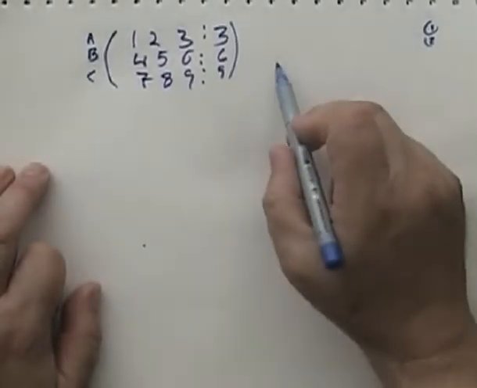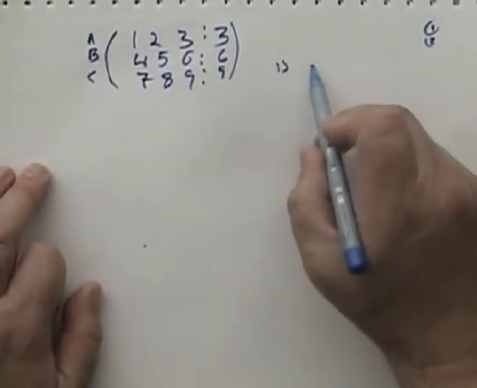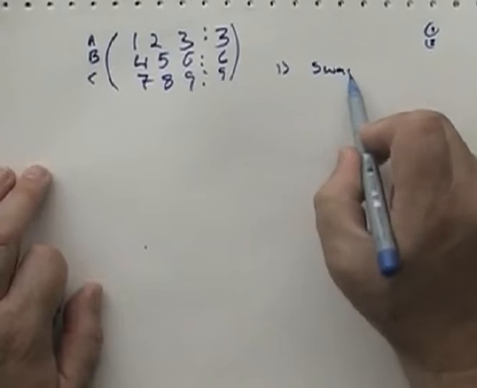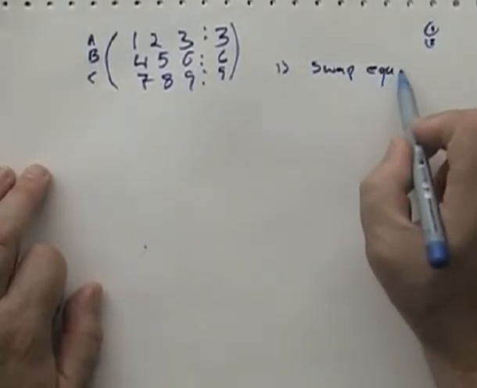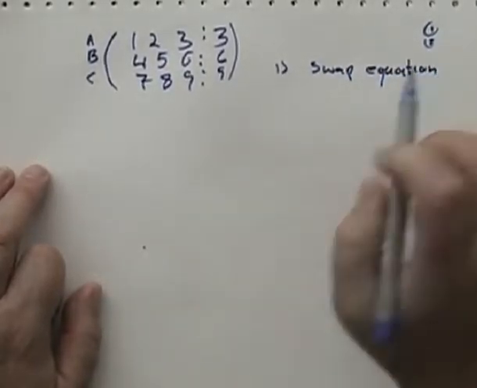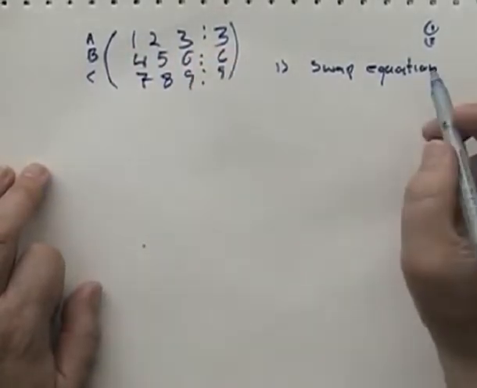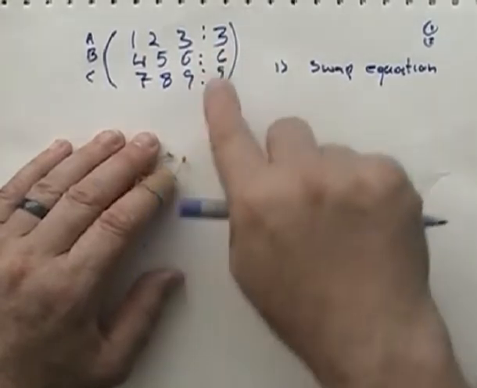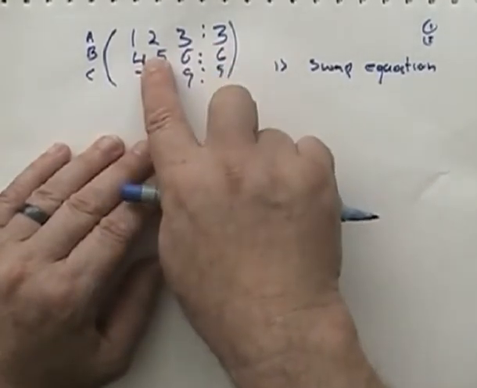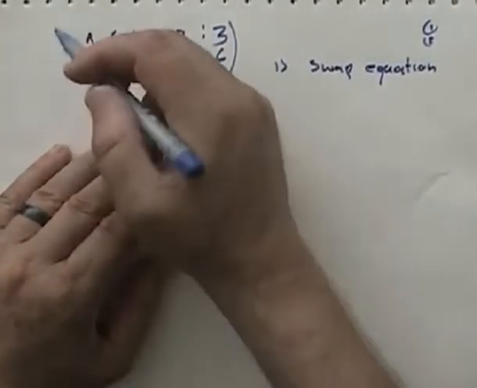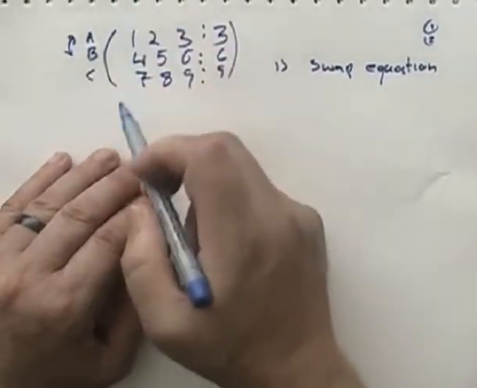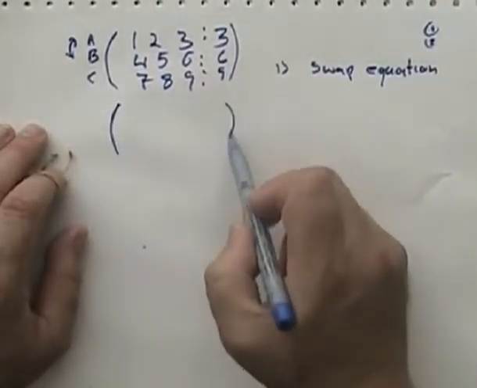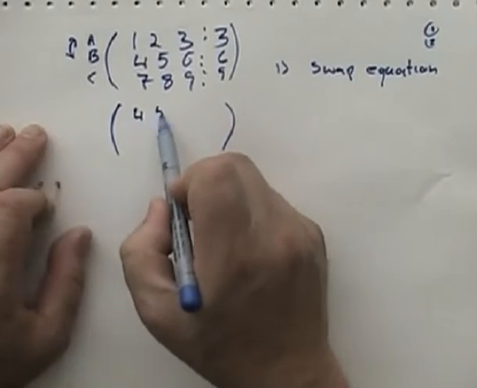Rule 1 is we can swap rows or swap equations. Because each equation is true in itself, that equation is correct, and that equation is correct. It doesn't matter if I put that equation there or there. So I can swap A for B. So I now go 4, 5, 6.